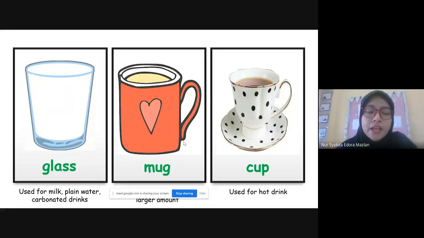Okay. Please copy this in your book, write down, continue after the list that you have written just now. So you continue with glass, mug, and cup. If you want to draw, you can do so. It's better for you to draw so that you know the differences between each of the tableware, okay?